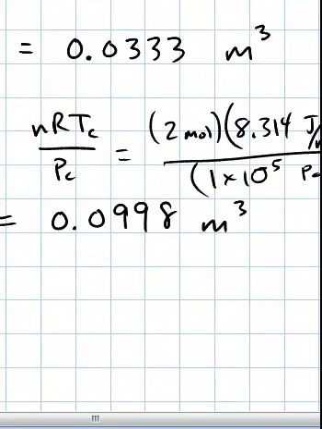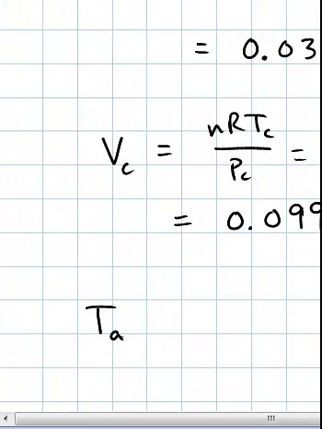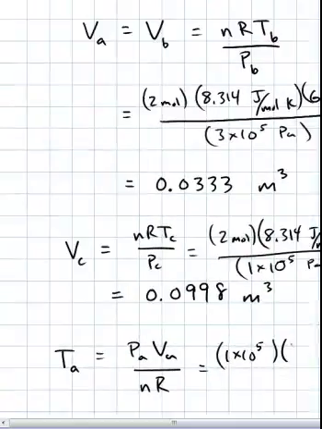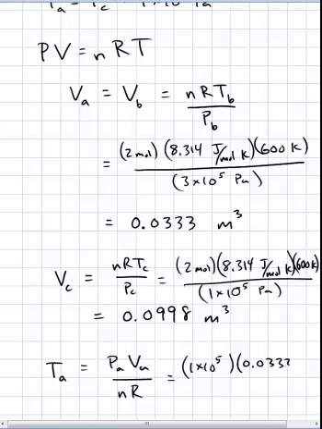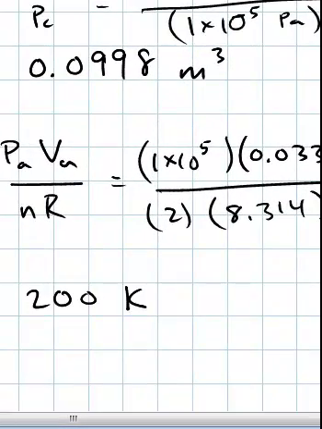And then the last thing I can solve for here, I believe, is the temperature at condition A. Pressure times the volume over nR. And what do I get for that? 200 Kelvin.